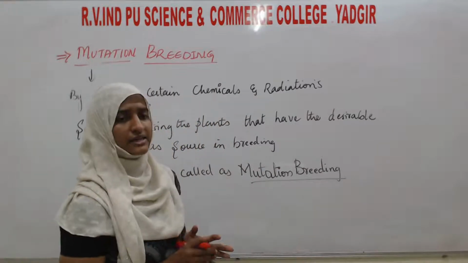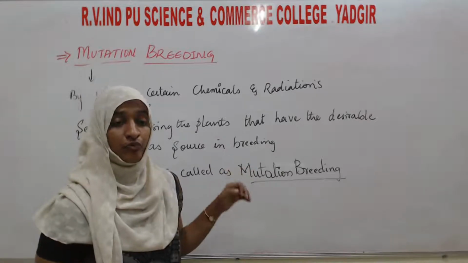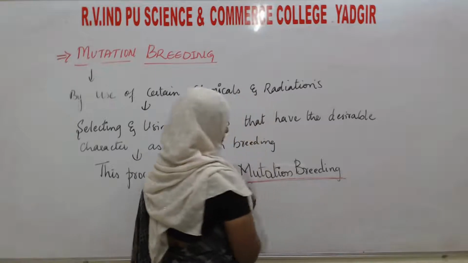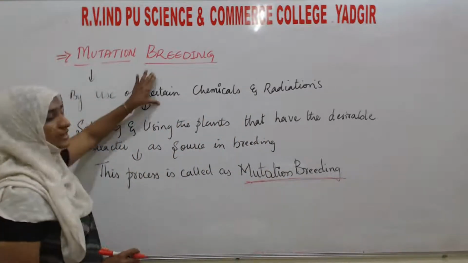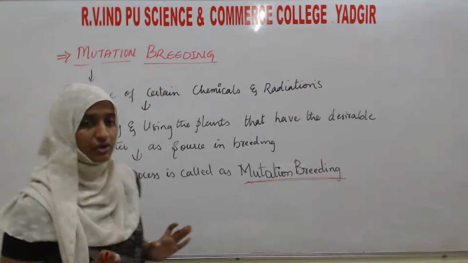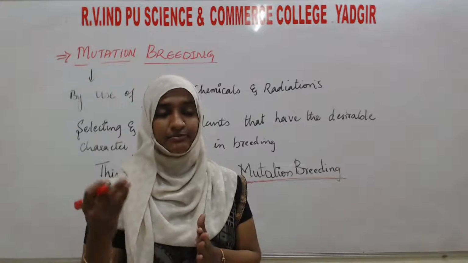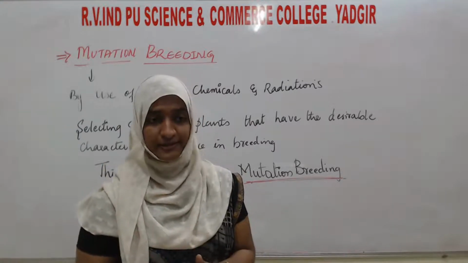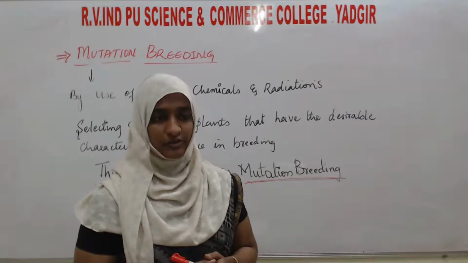Till now we have studied only the meaning of mutation. Next we will go for what is meant by mutation breeding. First of all, in the plant breeding technique, we select the germplasm, evaluate, test, and release it into commercial fields; all these steps we have studied in the plant breeding process.